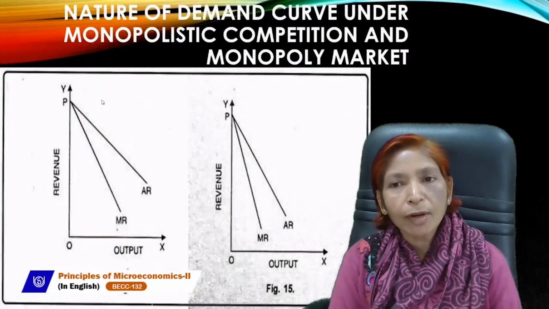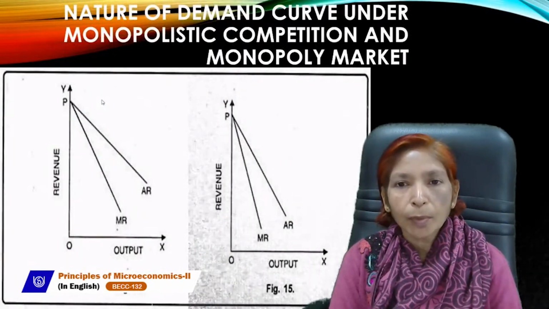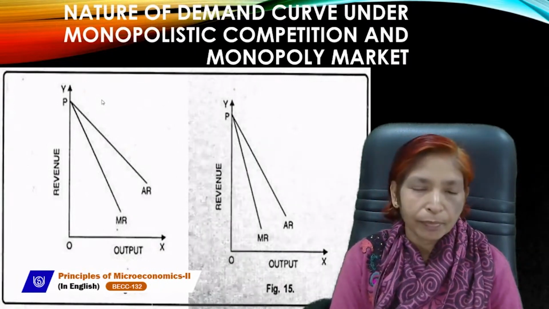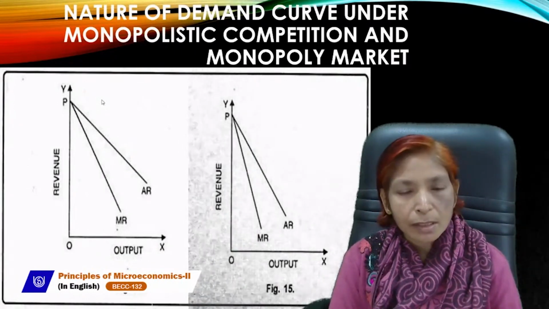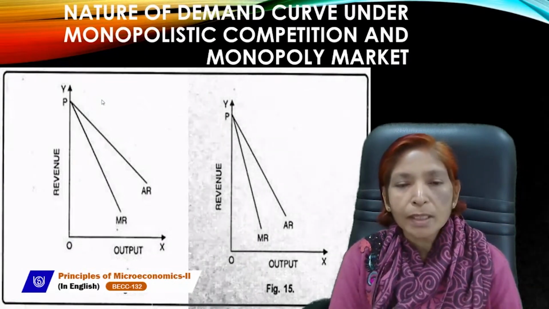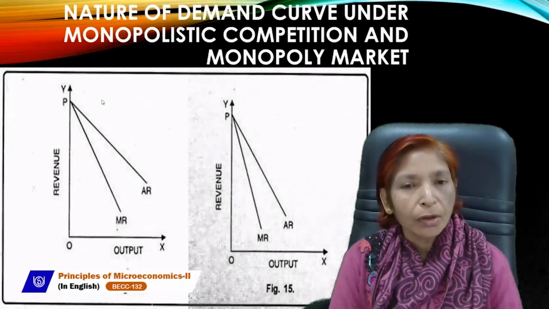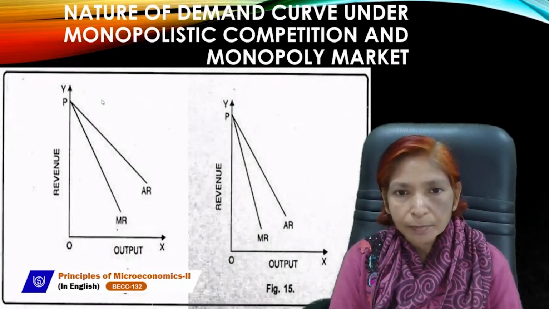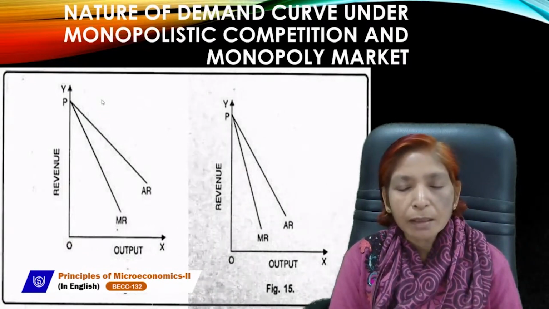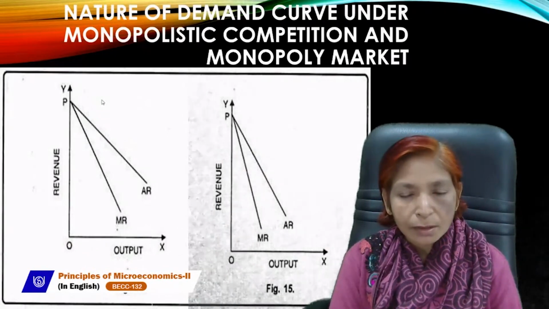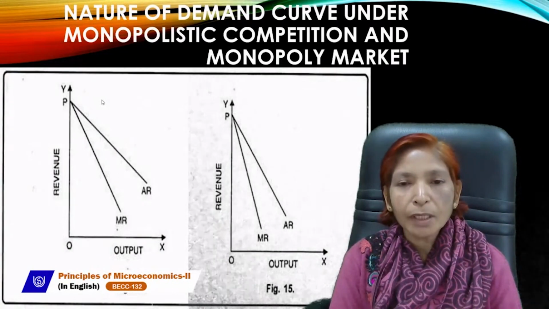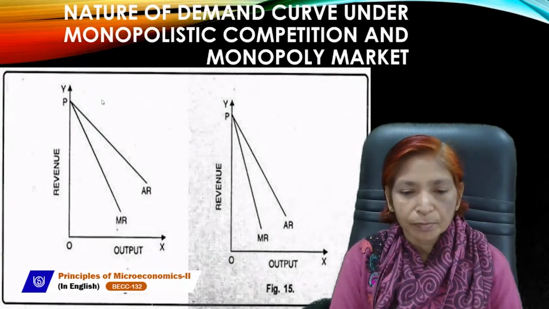Next is the nature of the demand curve under monopolistic competition and monopoly markets. As I have discussed, in a monopoly market there is only a single seller, no close substitutes are available, and there are restrictions on entry and exit. The demand curve slope is always downward, but demand is less elastic, so the curve will be steeper.